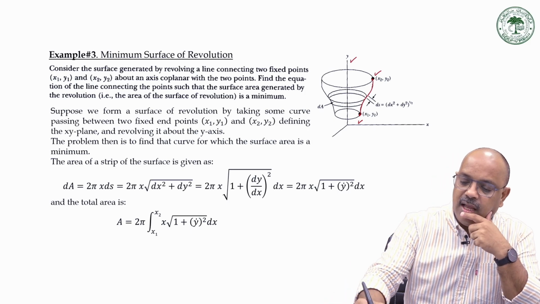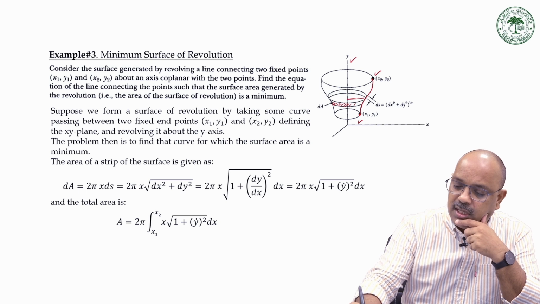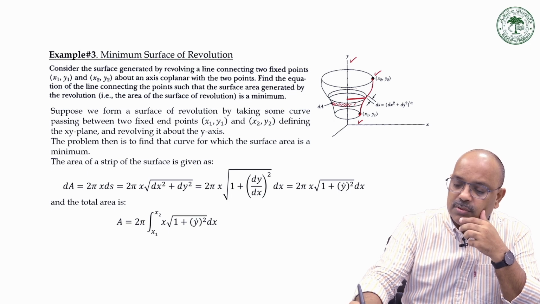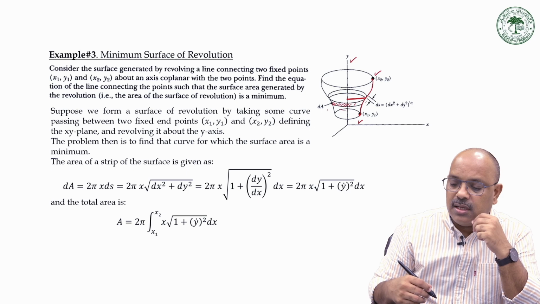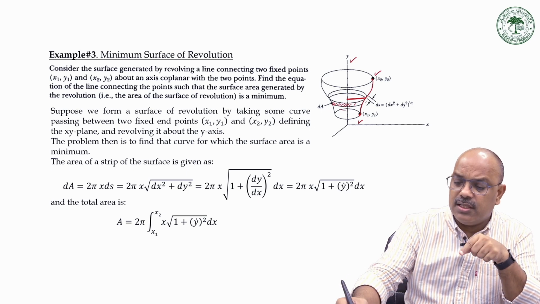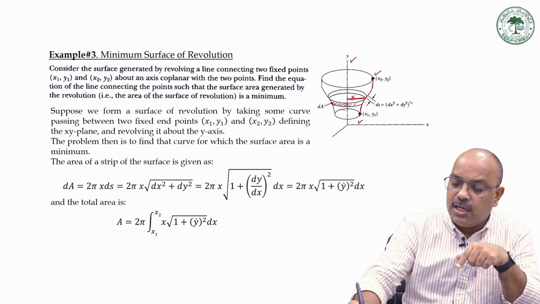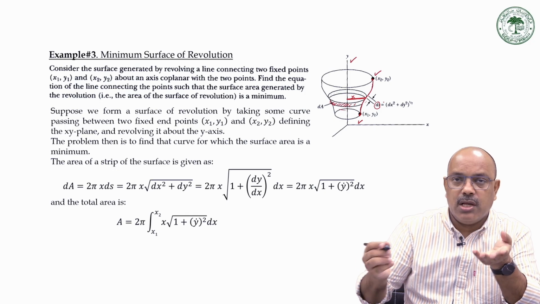So what is the radius at this particular position? Since this is along the x-axis, it is x, and the perimeter of this circle is twice pi x. The thickness is ds, which is the square root of dx square plus dy square.